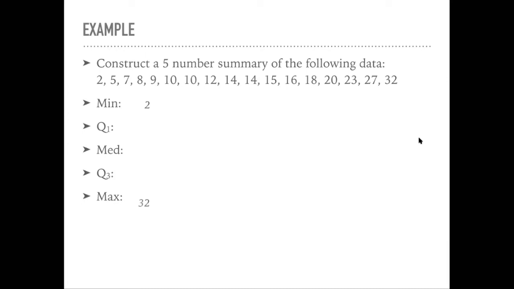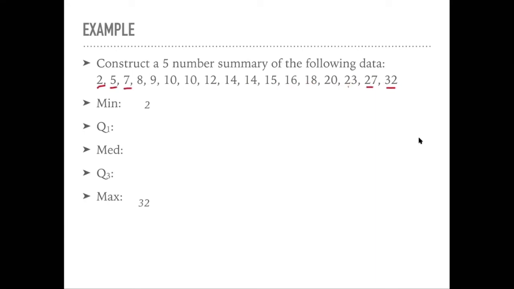Now we can look through here and try to determine what our median is. So looking through here, let's see, we have 1, 2, 3, 4, 5, 6, 7, 8, 9, 10, 11, 12, 13, 14, 15, 16, 17 data values. We have 17 data values, which means there is a number that is exactly in the middle. So let's go through again, kind of thinking which number is exactly in the middle.